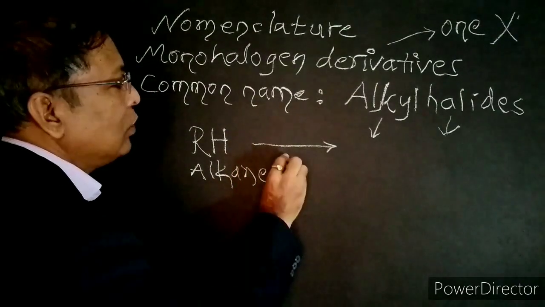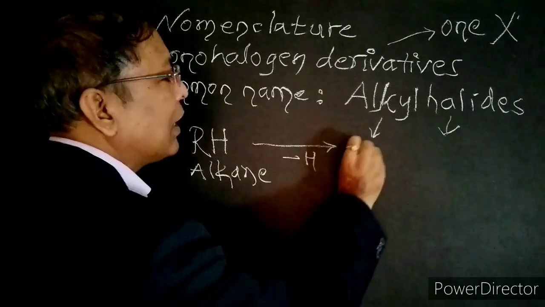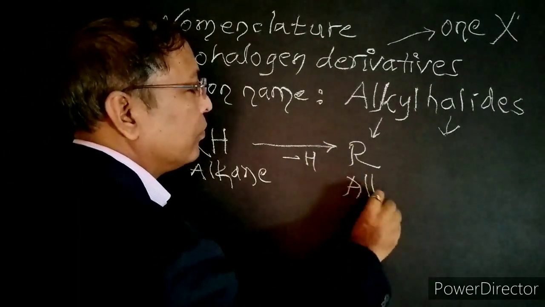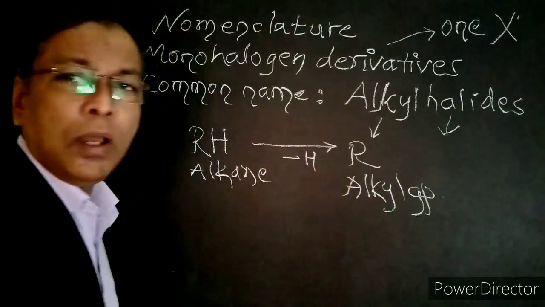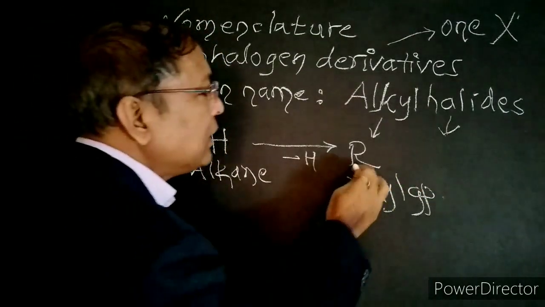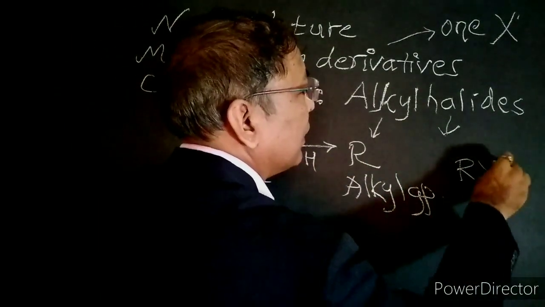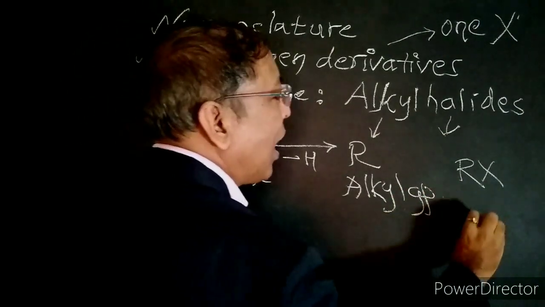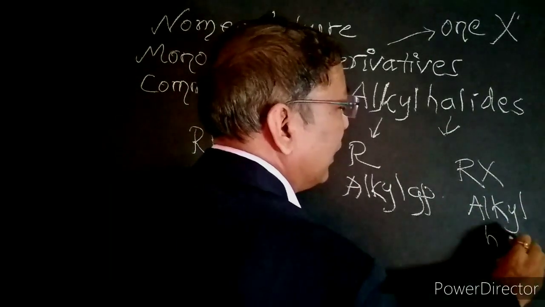When an alkane loses one hydrogen atom, it becomes R. This is called an alkyl group. When this alkyl group has one halogen atom, it becomes RX. This is called an alkyl halide.